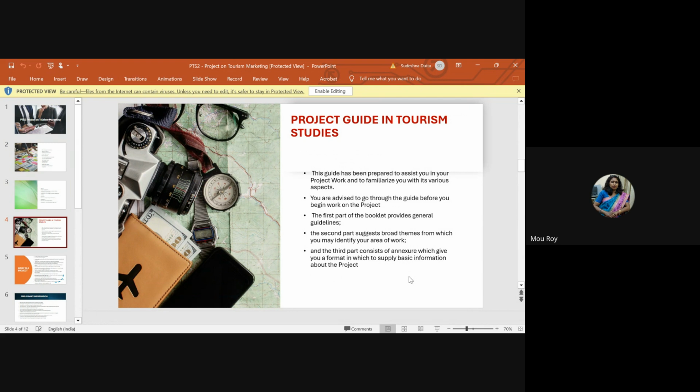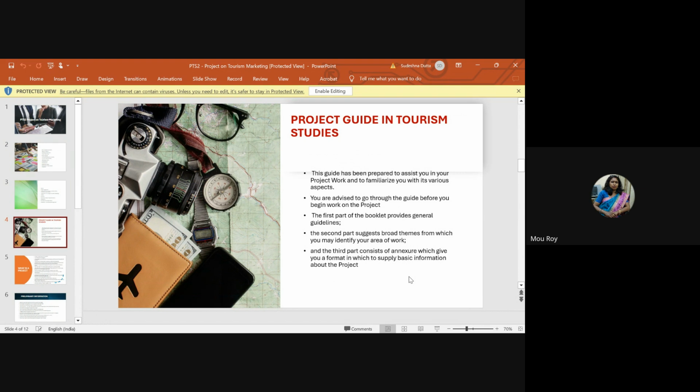You are advised to go through the guide before you begin work on the project. The first part of the booklet provides general guidelines: how to do it, what to do, and what your time frame is.